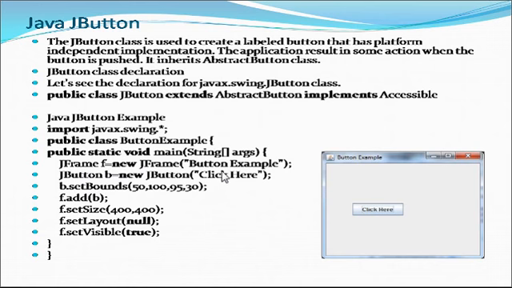This ButtonExample is the title of your container. JButton b is an instance of the JButton class, and we give the name of the JButton, like Click here, and set the bounds.